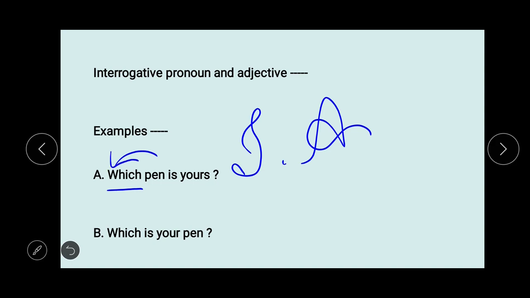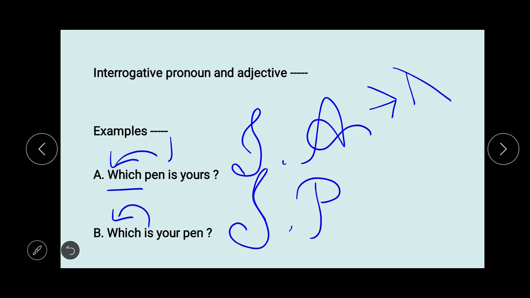And number two, which is your pen, is an interrogative pronoun because it is placed before a verb. This means the position of the noun and the verb, and their relation with the question word, tells us actually whether it is a pronoun or an adjective.